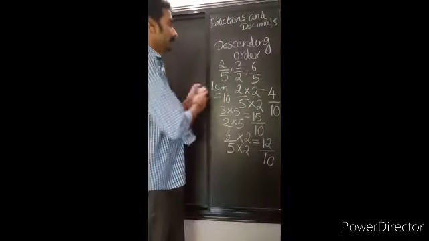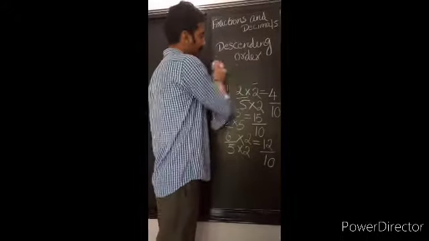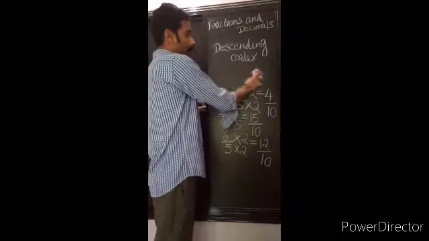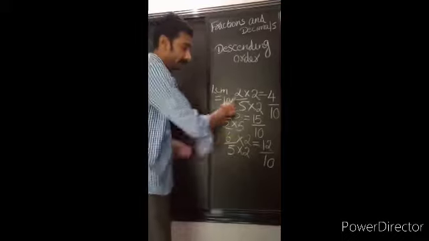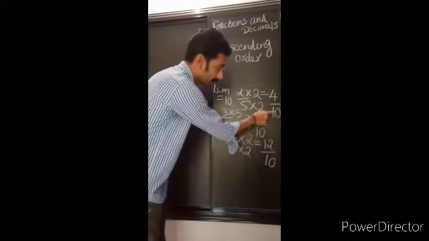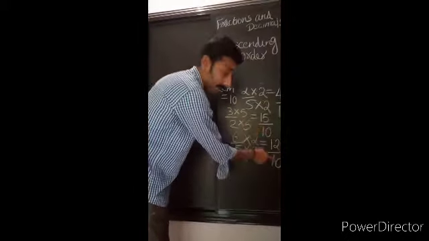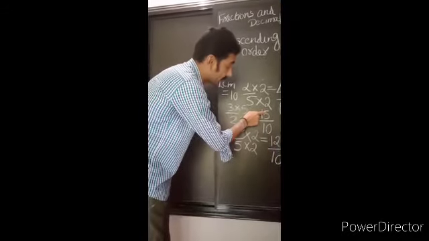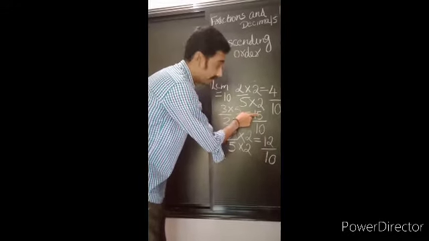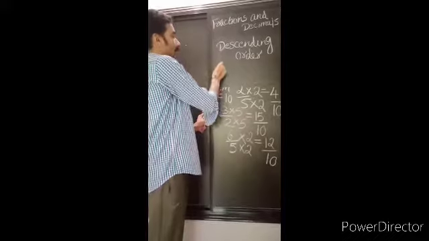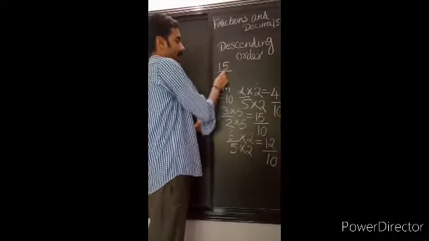Descending order means biggest number to smallest. Which one is the biggest number? Both denominators are the same. We find the greatest numerator, that is 15. That means 15 by 10.